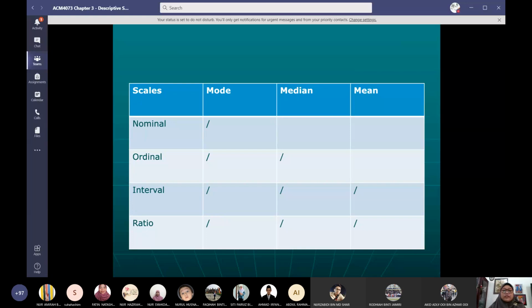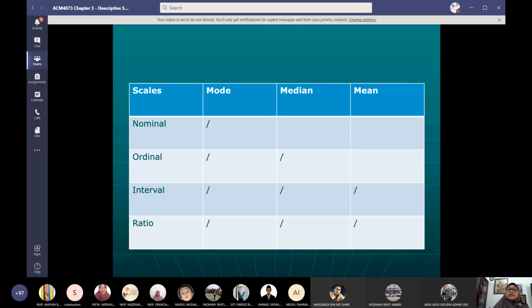Next is ordinal. What is an example of ordinal? Ordinal refers to, oh yes, certificate, educational background.